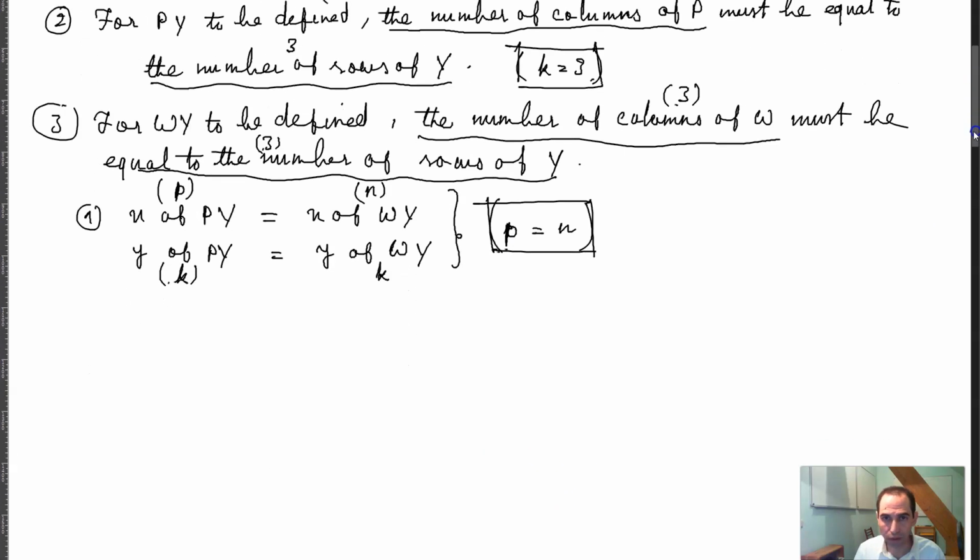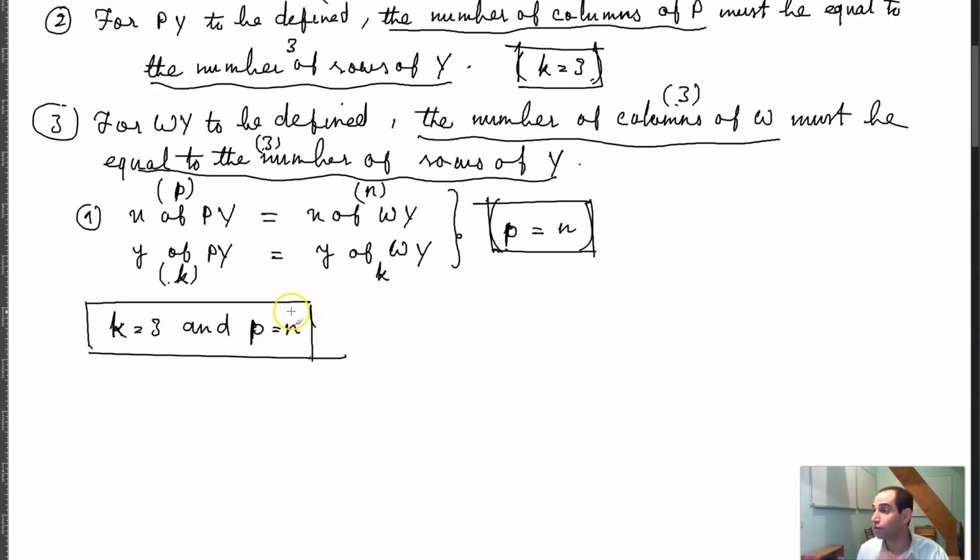So that boils down to k is equal to 3 and p is equal to n, and that is basically the conditions that we have here, which is choice A, I suppose.